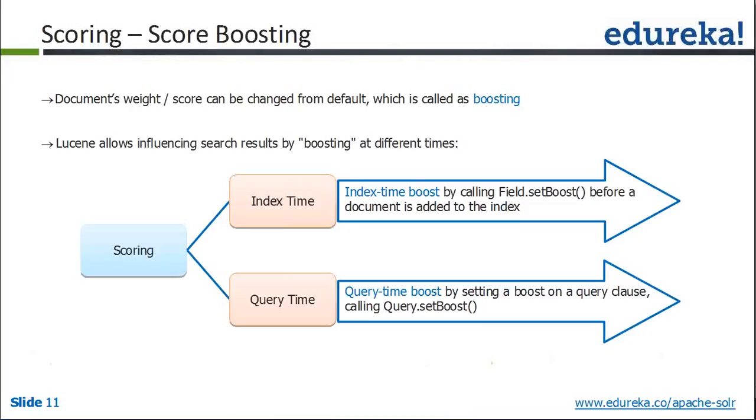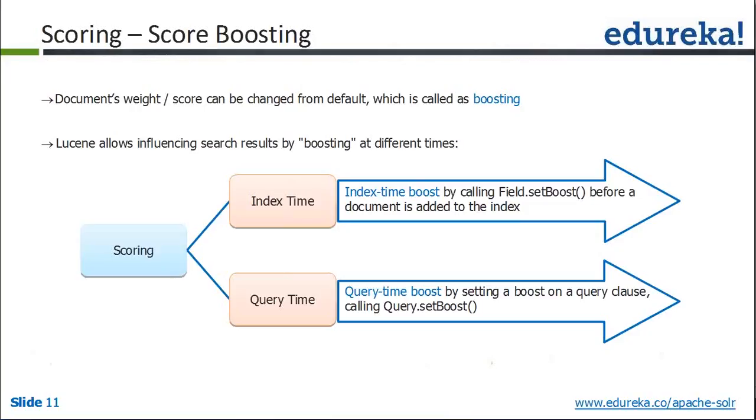This entire procedure is called boosting. As the name suggests, we are boosting the score of a particular document or documents, and maintaining the position of these documents higher than the rest. Is it clear? This can be controlled at the time of indexing and at the time of query as well.